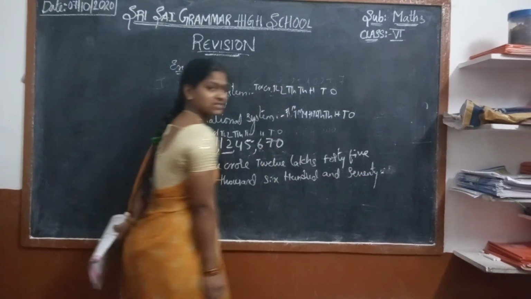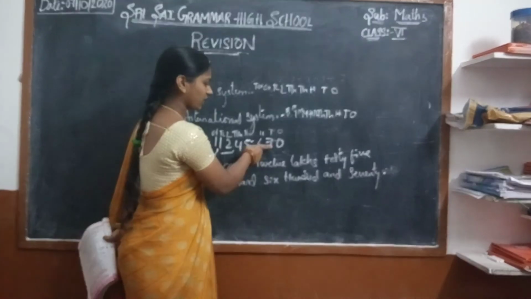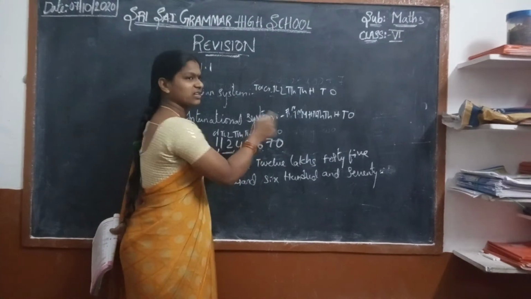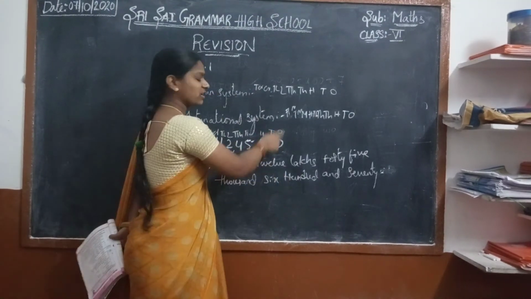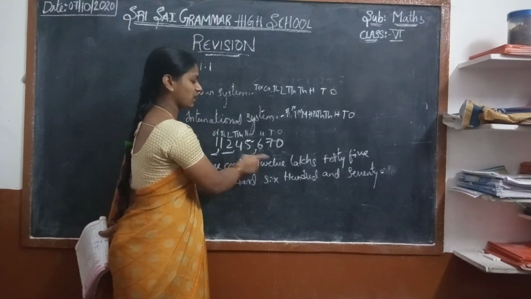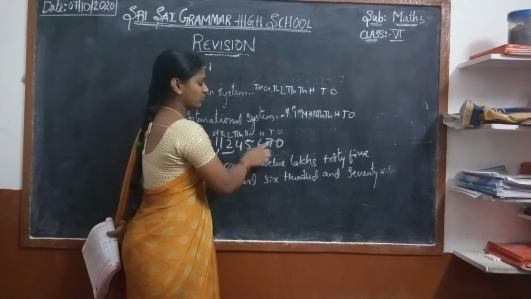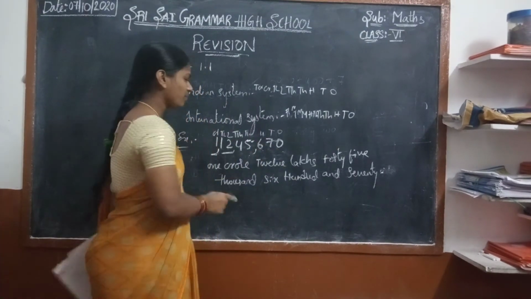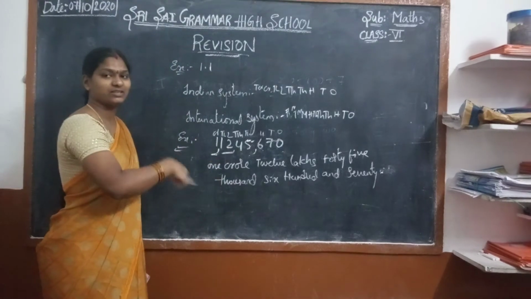Most of the students make mistakes here only. Everyone writes 10. 7 is in tens, no? 7 tens. 0 is ones, no? 0 ones. Don't write like that. The correct process is 670. Now everyone understood how to write in the Indian system.